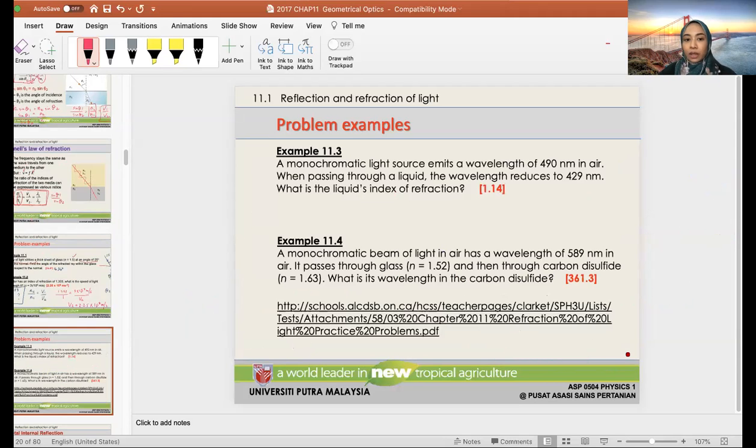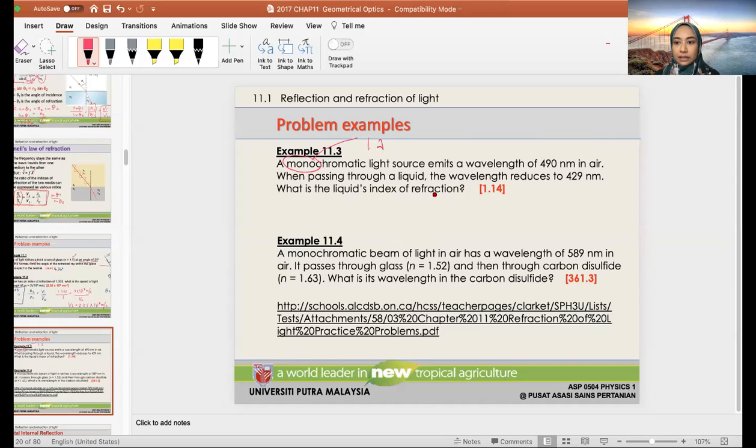Easy peasy. Okay, next example, a monochromatic light source. Okay, so what is a monochromatic light source? Mono means one wavelength. It means it emits a single wavelength, or it emits a single color. It can be any color, but it will have a single wavelength.